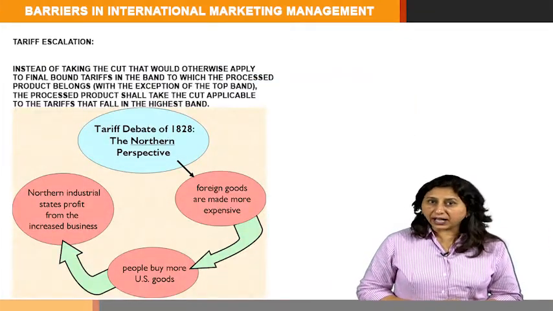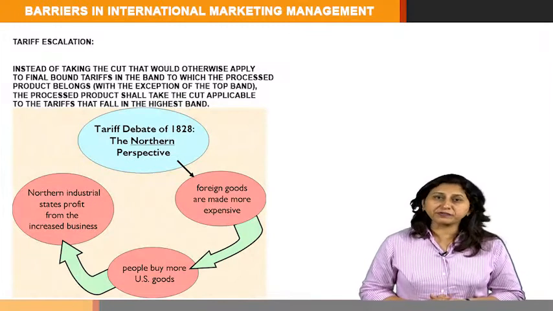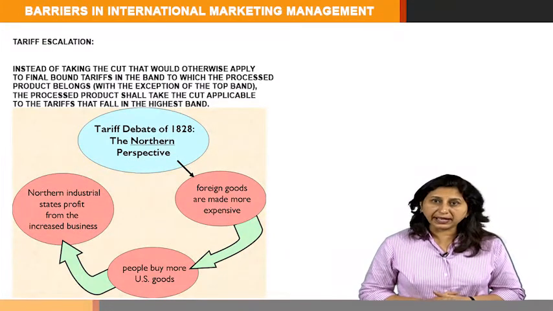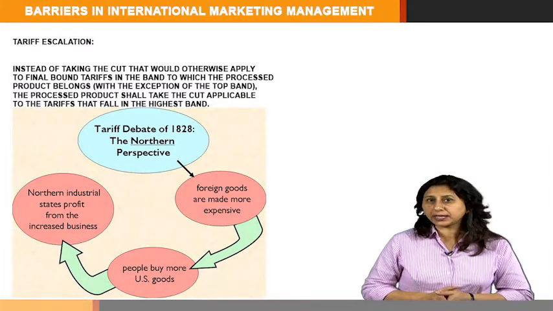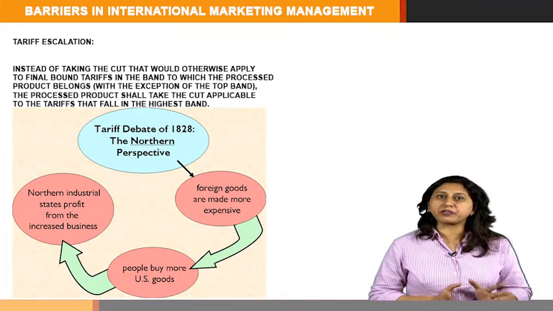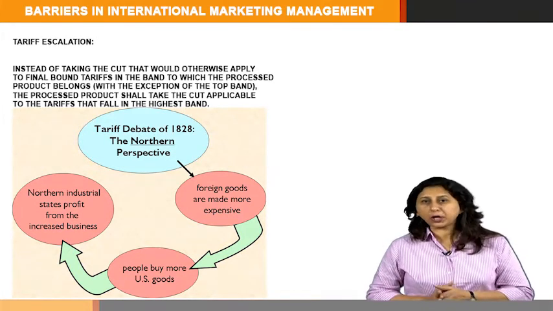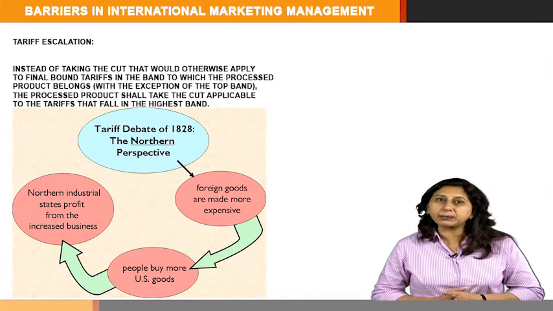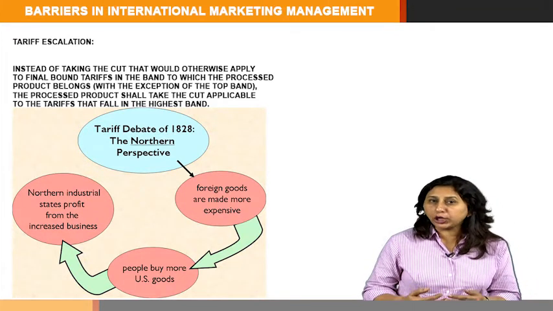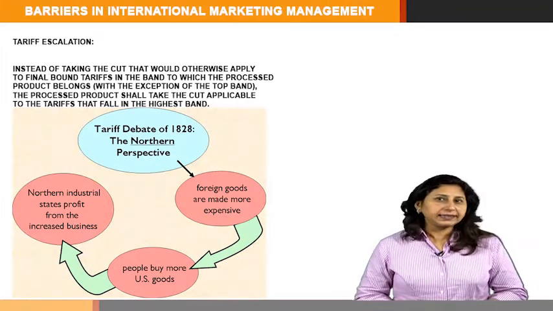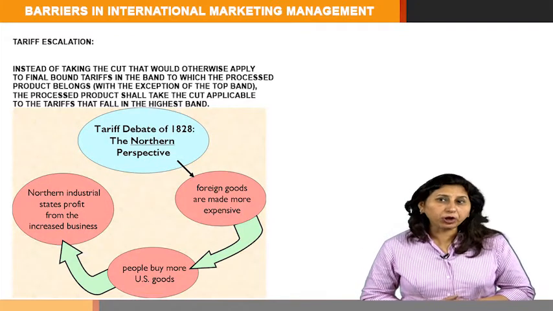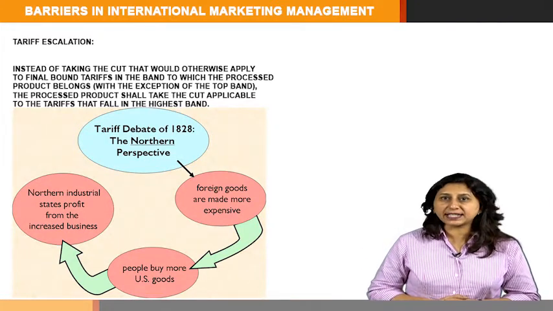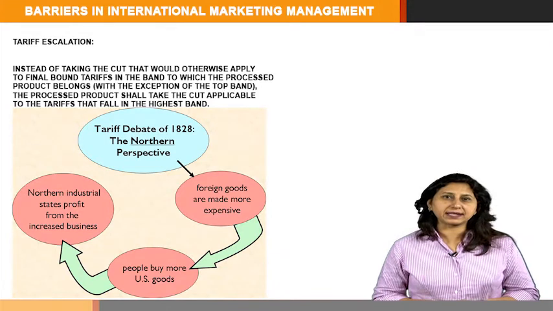Instead of taking the cut that would otherwise apply to final bound tariffs in the band to which the processed product belongs, with the exception of the top band, the processed product shall take the cut applicable to the tariffs that fall in the highest band. These supplementary cuts shall be moderated for the products concerned in two circumstances.